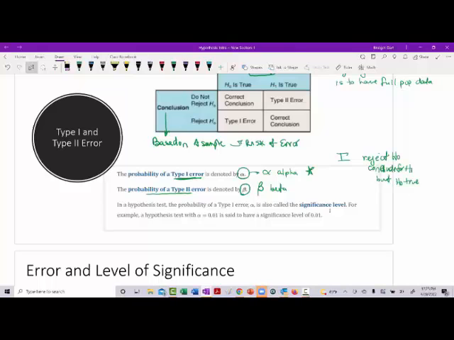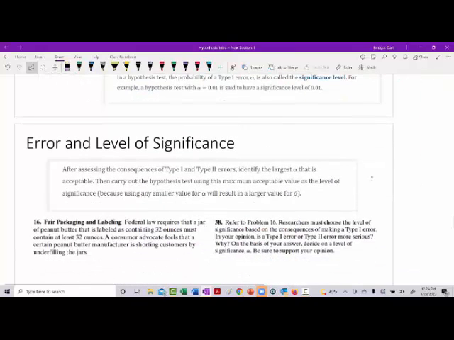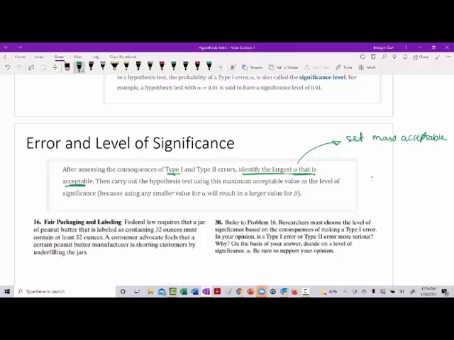So essentially what we do in statistics is we say, okay, there's a largest value of alpha, type 1 error, that I'm willing to accept. And we set that at the start. We set the maximum acceptable level of alpha, and we call that the significance level.